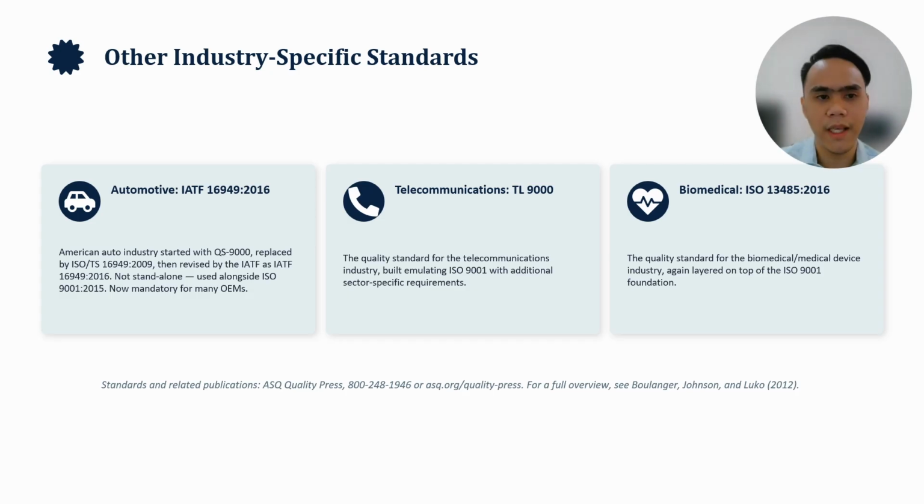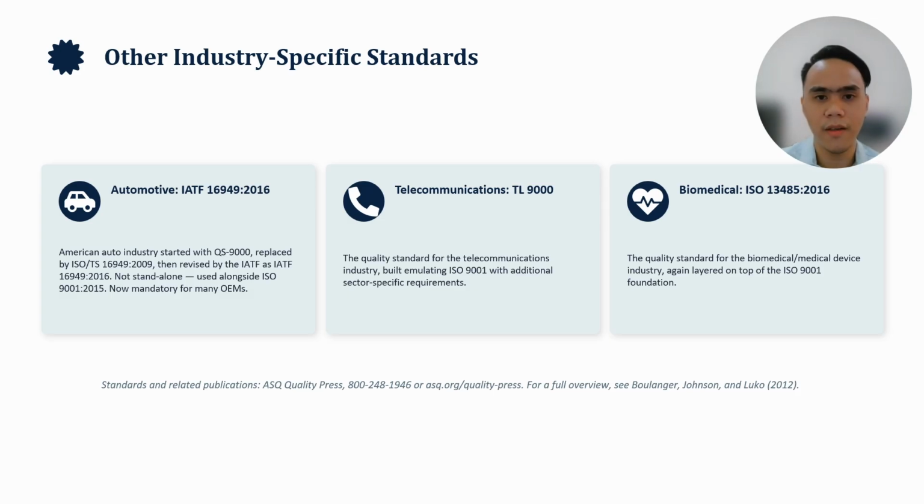Beyond the core of the ISO 9000 family, several industry-specific standards exist that may have a real impact on the organization's quality management system. The automobile, telecommunications, and biomedical industries have all created industry-specific standards that emulate ISO 9001, but impose additional, sector-specific requirements on top of it.